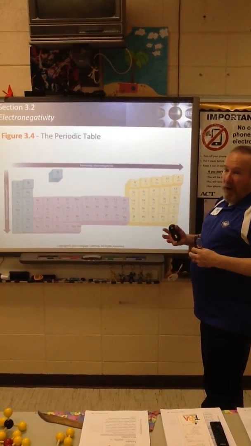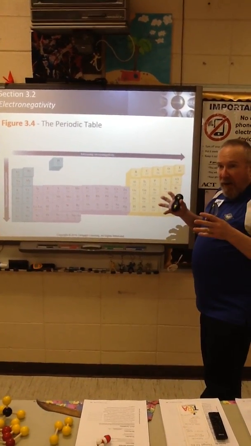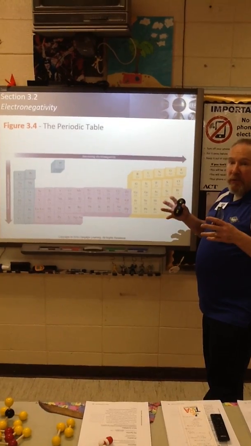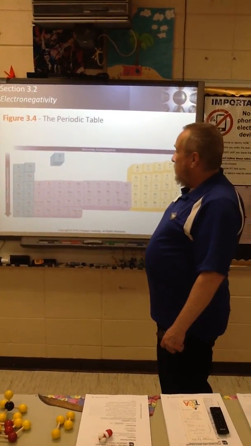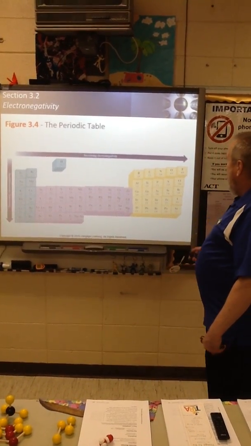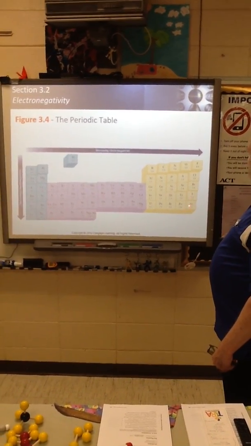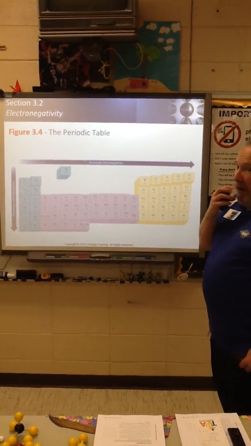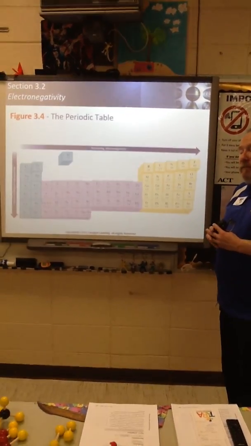And as we saw, that attraction decreases with the square of the distance, decreases very quickly. We'll also talk about shielding in the next chapter, but we are decreasing in electronegativity.